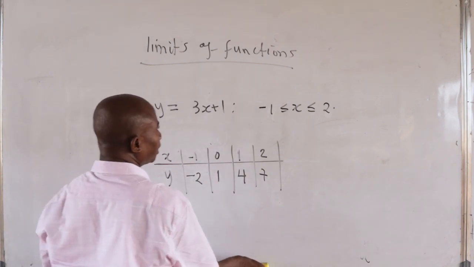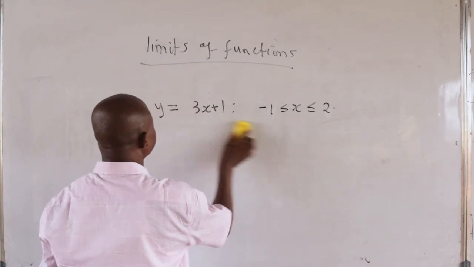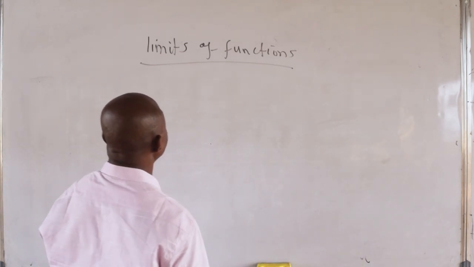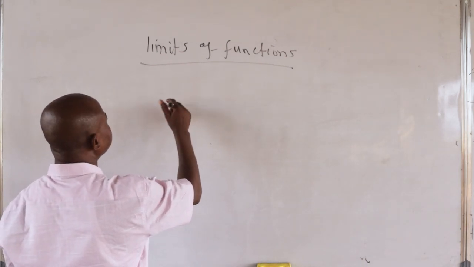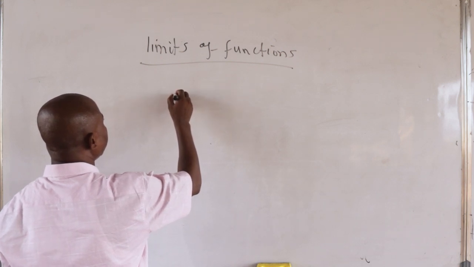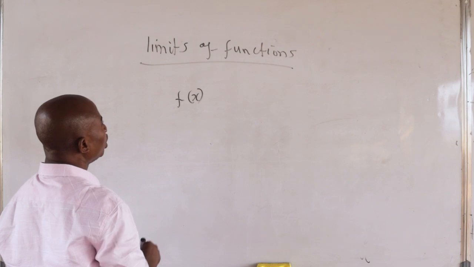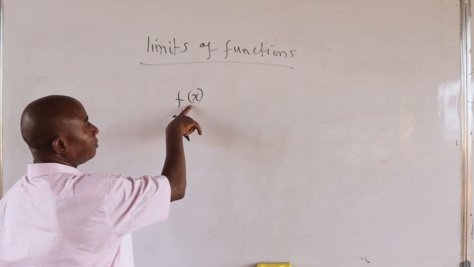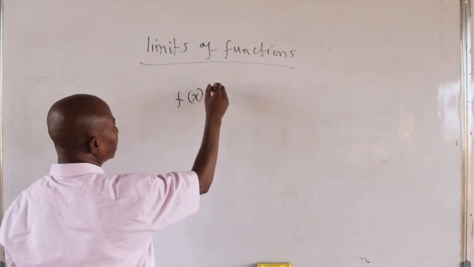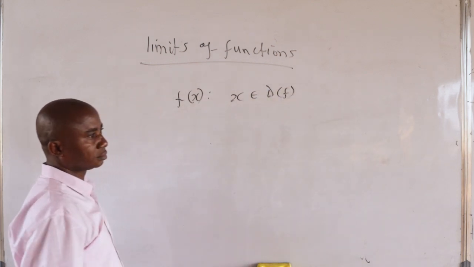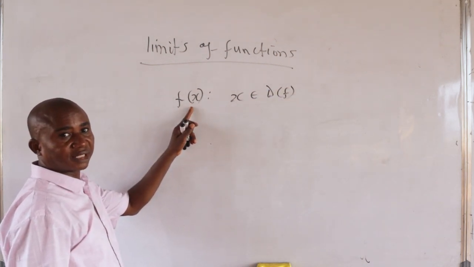So I give a function f at x. Remember, what this means is I must say x comes from the domain of f, for instance, so that this will make sense.